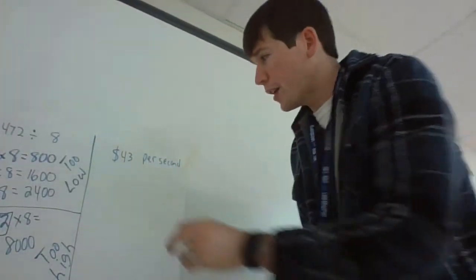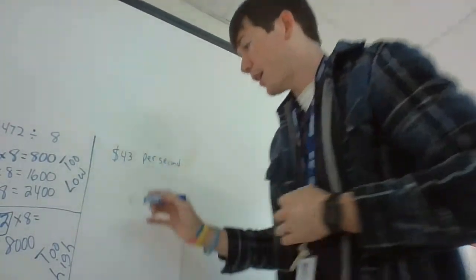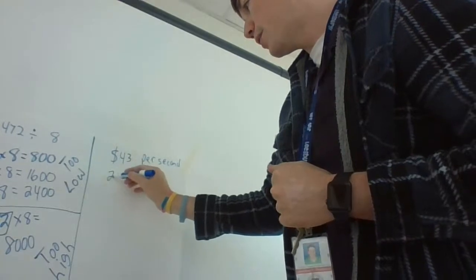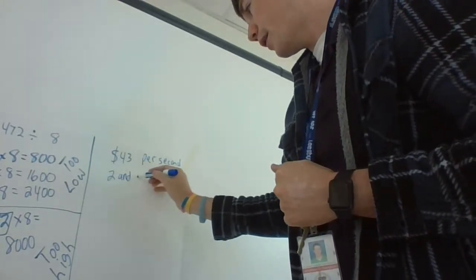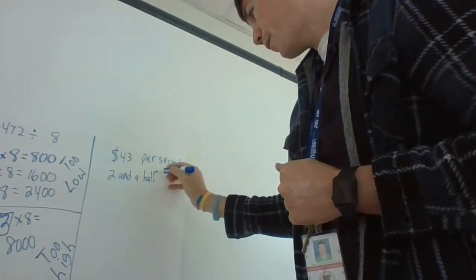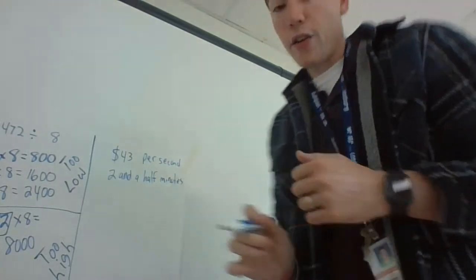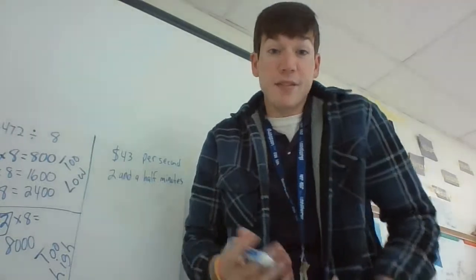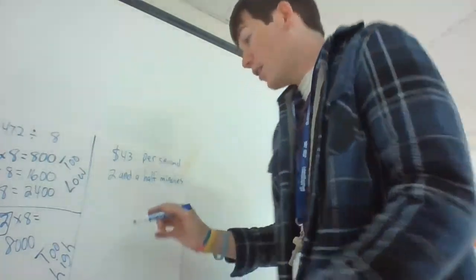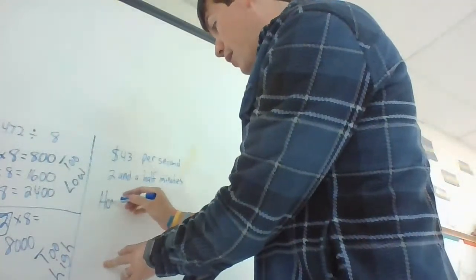How much did it cost him? So we know that he charges $43 per second, and Henry's ride was 2.5 minutes. And the question in this case is asking us, how much did it cost Henry? So how much did it cost?